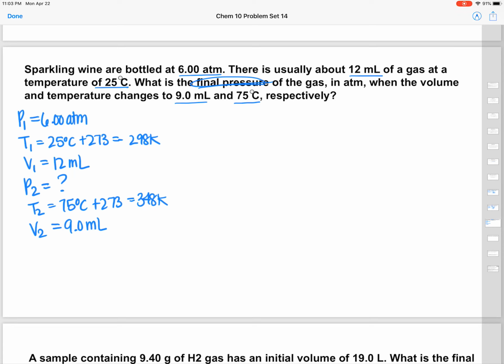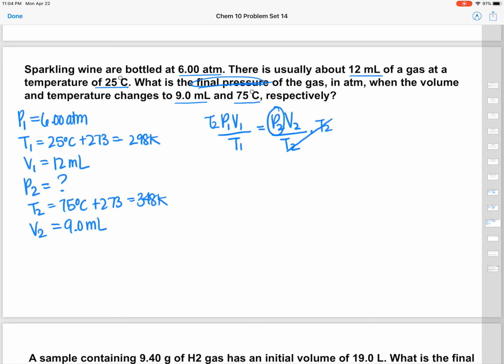Our formula is P1 V1 over T1 is equal to P2 V2 over T2. All right, what are we solving for? We are solving for P2, so we need to get this by itself. The first thing we can do is cross multiply T2.